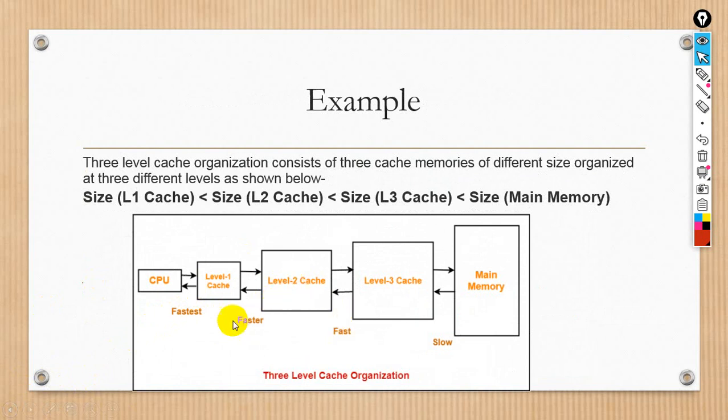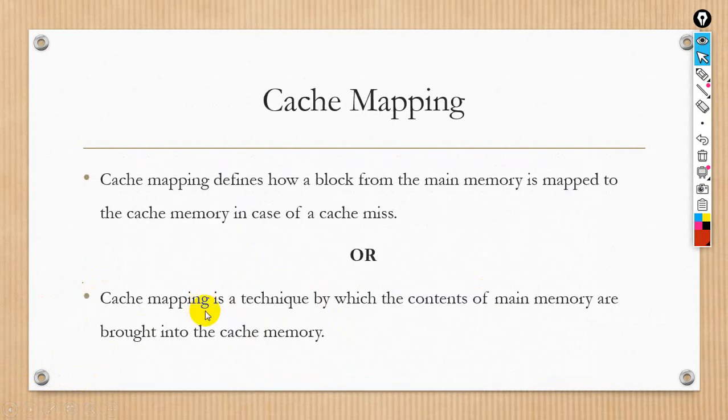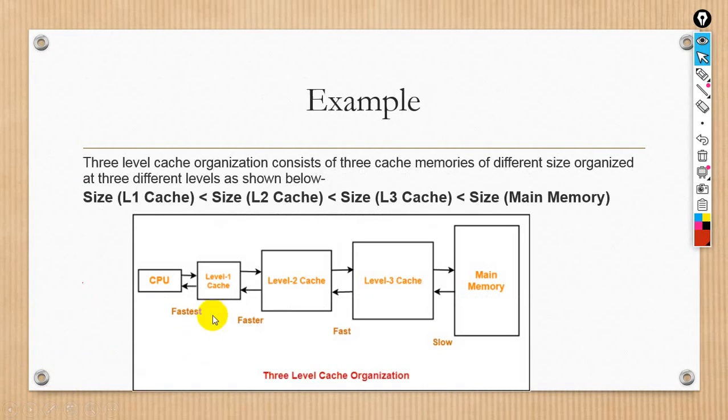The level 1 cache memory is the closest cache memory to the CPU, and its size is the smallest size memory.